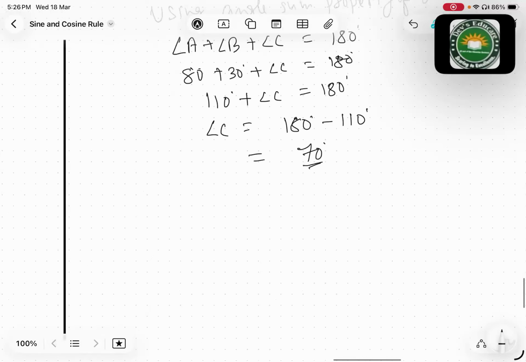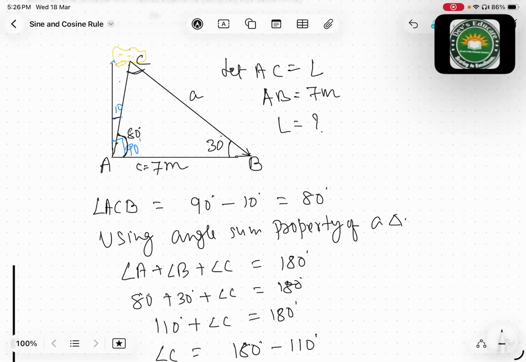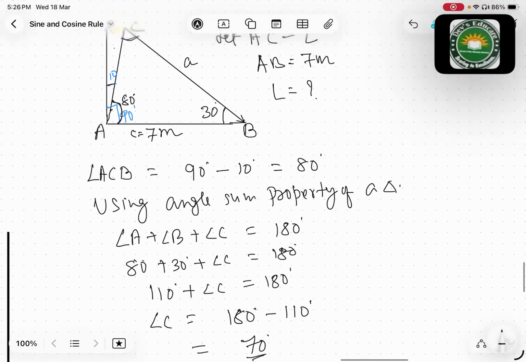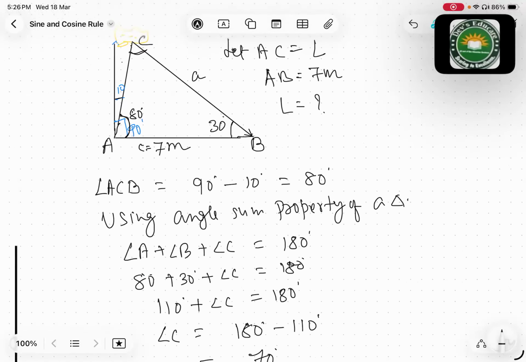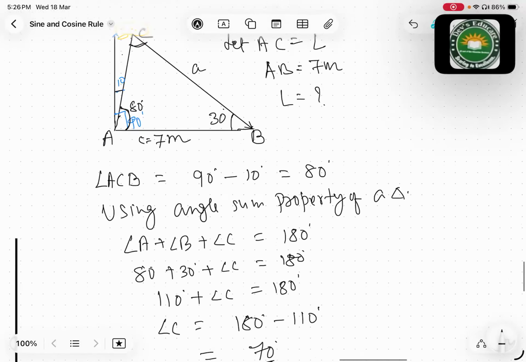Since angle C has now been found, we can find the length AC using the sine rule.